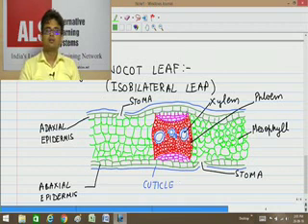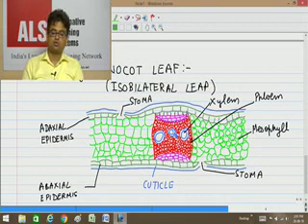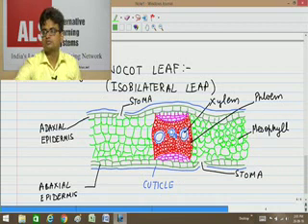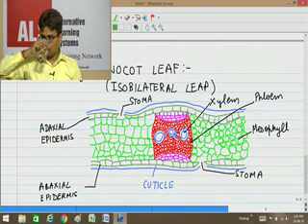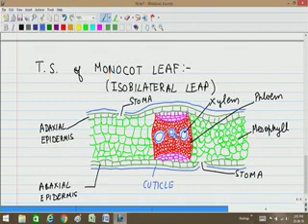Okay. So this is the monocot leaf structure.